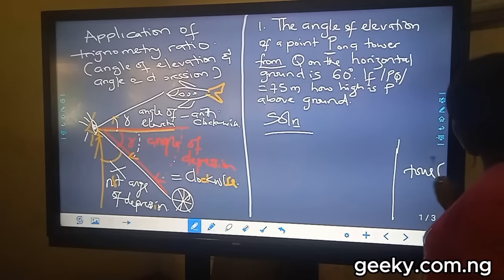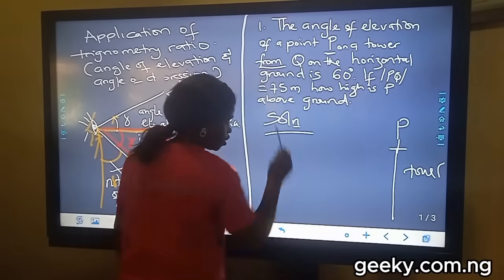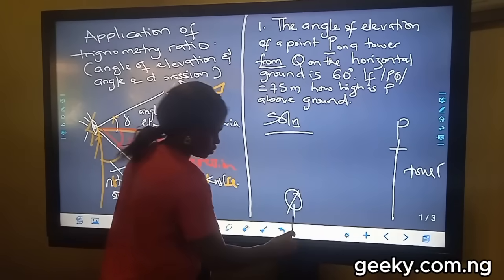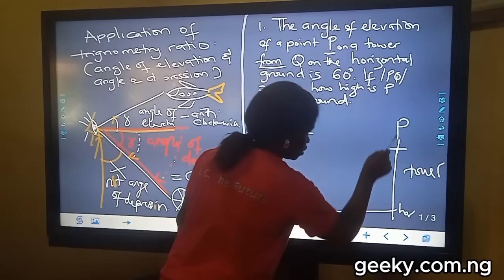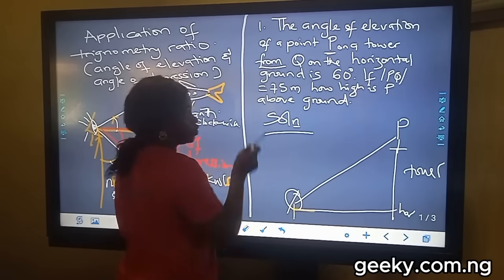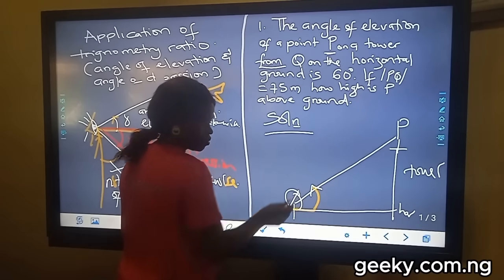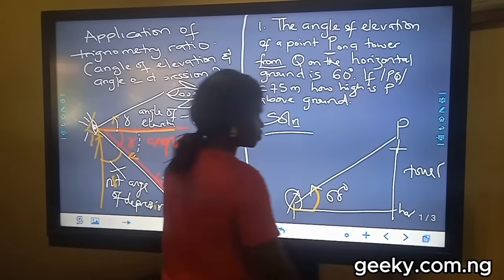Okay, this is the tower, this is the top P of the tower, and then from Q, so we're going to draw Q. So taking the horizontal axis, from the point Q to the horizontal ground is 60 degrees.